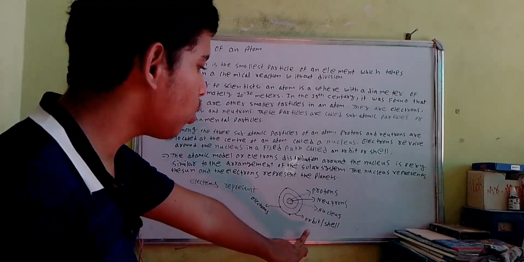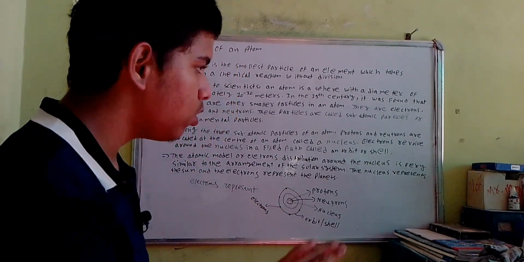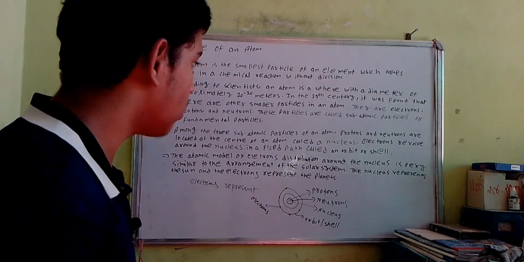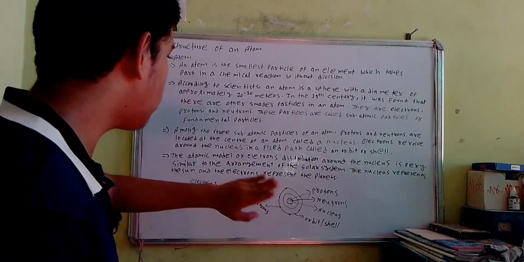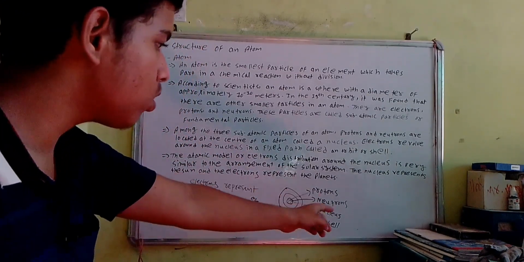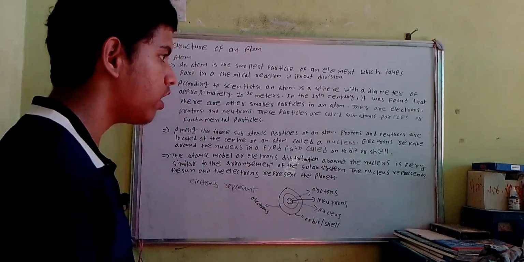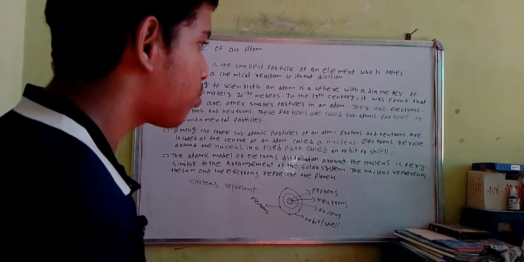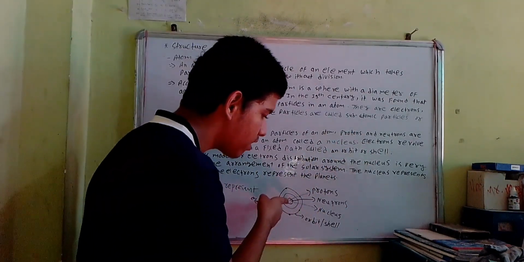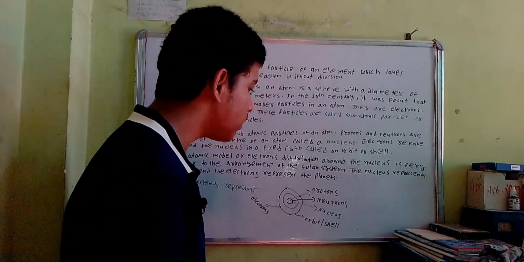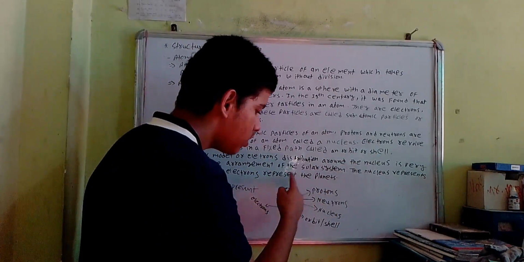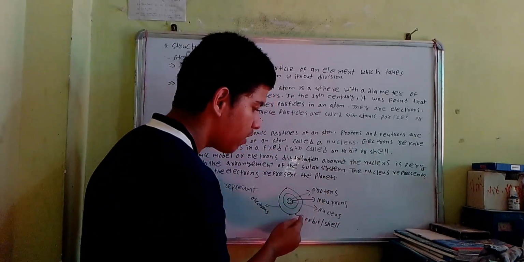So you need to remember where these protons, neutrons, and electrons are located in atoms. Proton and neutron are located at the center in the nucleus, and electrons revolve around the nucleus in a fixed orbit called shell or orbit.